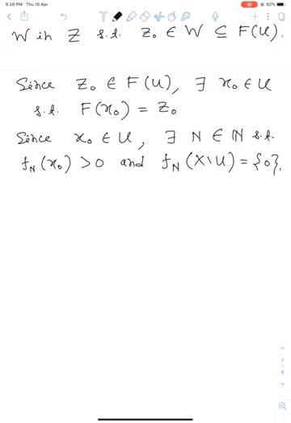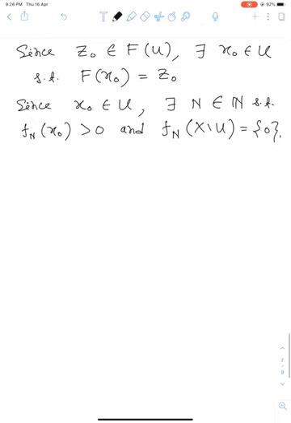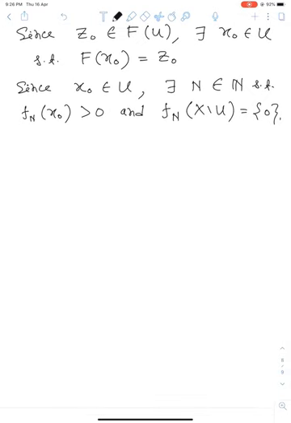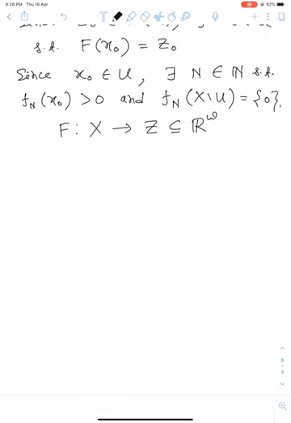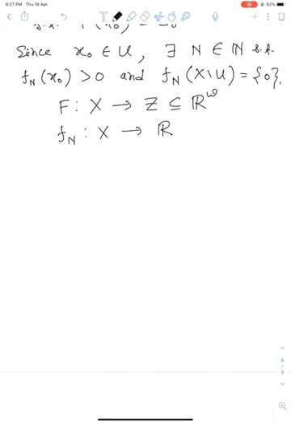Okay, so now we use some notations to understand the fact. First of all, what is my f? f is a function from X to Z, which is a subset of R^ω, right? And what is my f_n? f_n is a function from X to R, right?